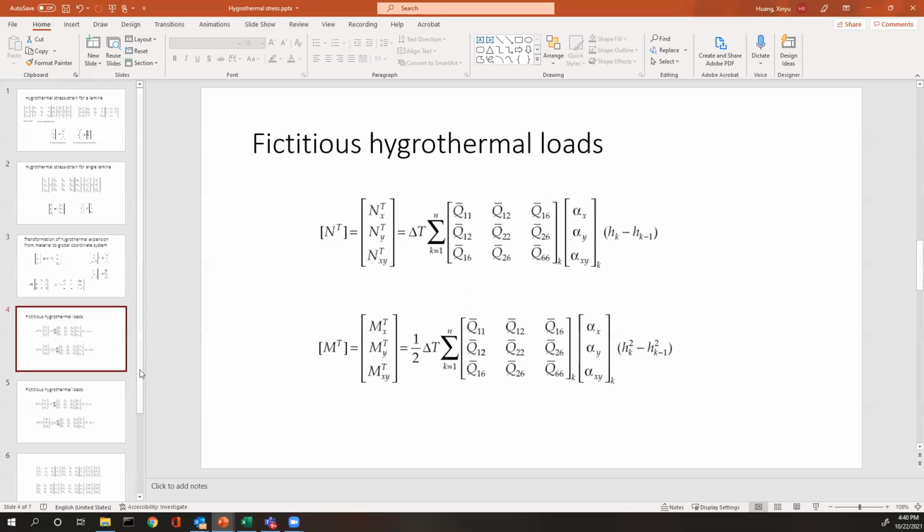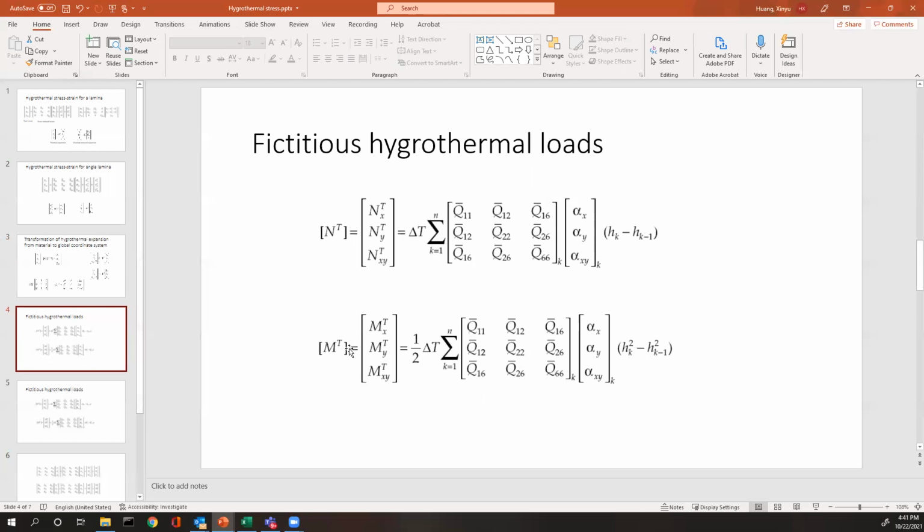And then you can calculate so-called fictitious hygrothermal load, which is nothing but the statement that the induced stress due to thermal and moisture effect is self-equilibrating. Assuming that you have laminae bonded together, they're fighting, pulling in different directions, so they have stress in there.